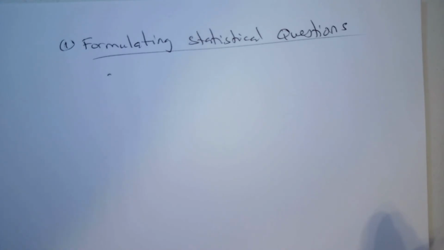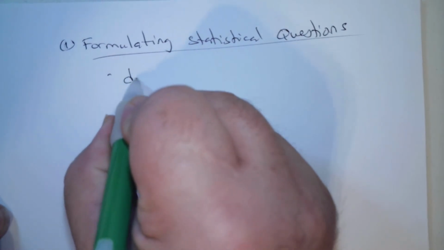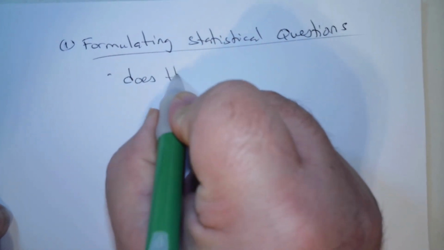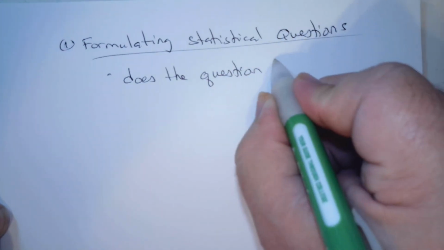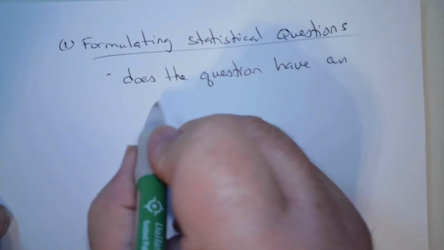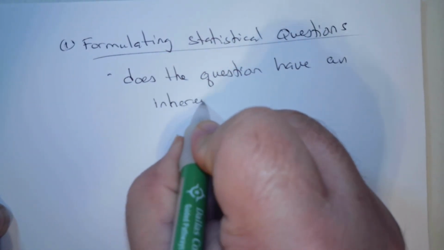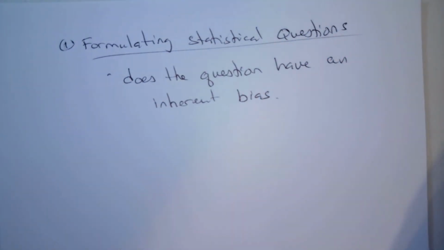When you create the questions for analysis, you have to consider: does the question have an inherent bias? Is the wording prejudicial, or will it influence somebody?